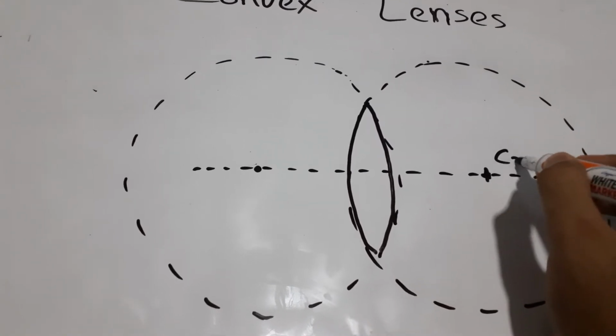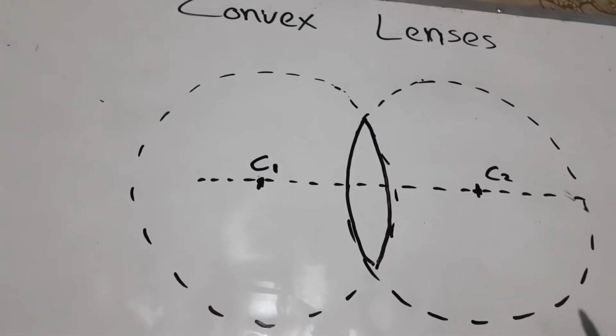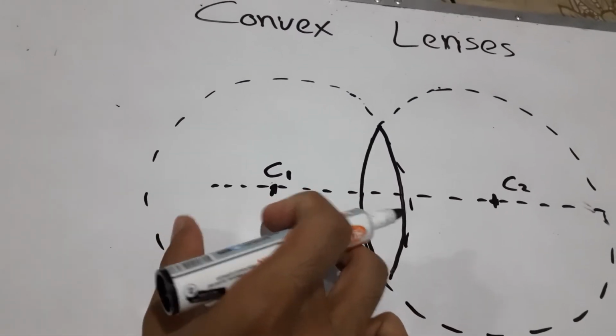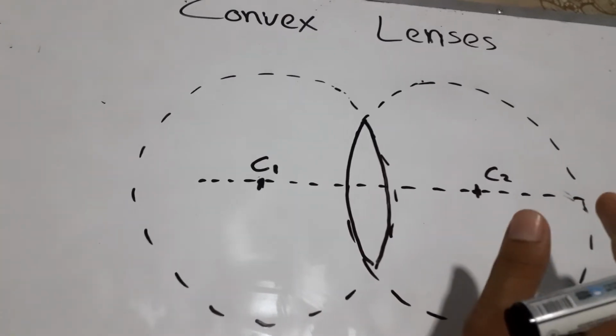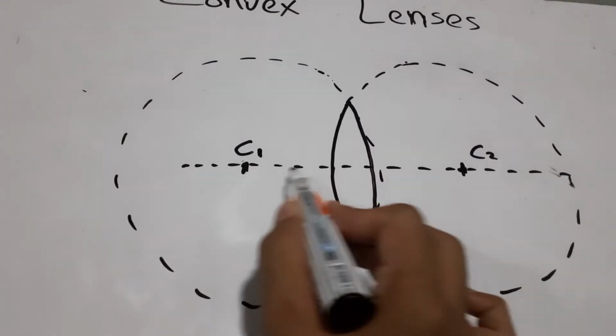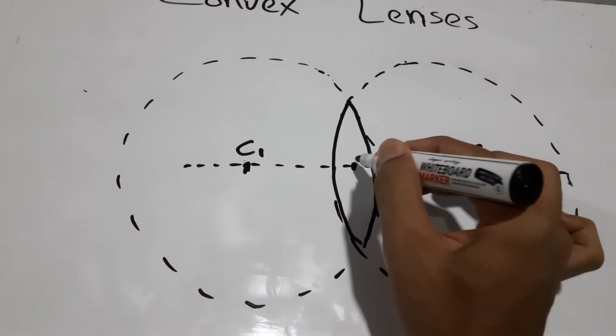I will name this C2, center 2, and this C1. The radius of C1 is equal to the radius of C2, and if you divide the distance C1C2, you will meet a point.